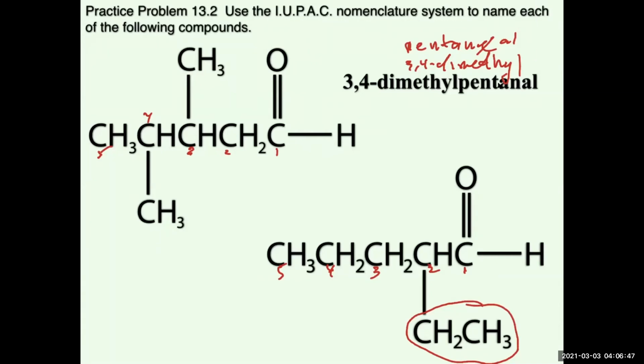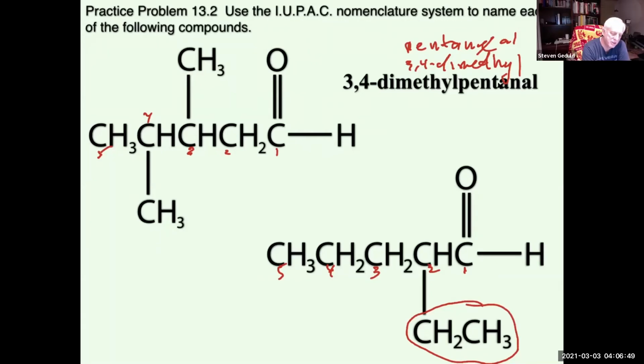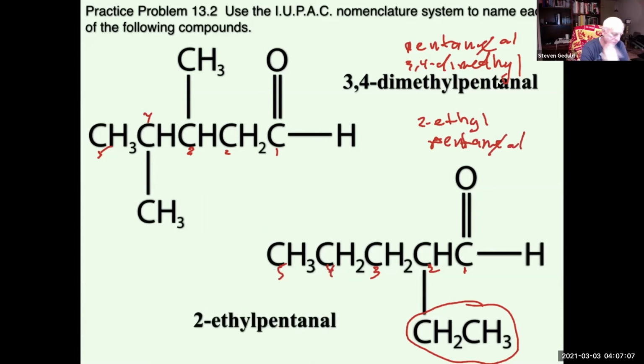Ethyl, perfect. So you have 2-ethyl. Drop the E, add Al. So 2-ethylpentanal. Number 2 is an ethyl group, 5 carbons, all single bonds, aldehyde at the end. And that's how we name them.